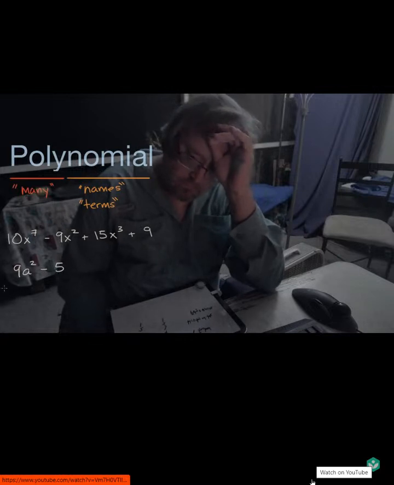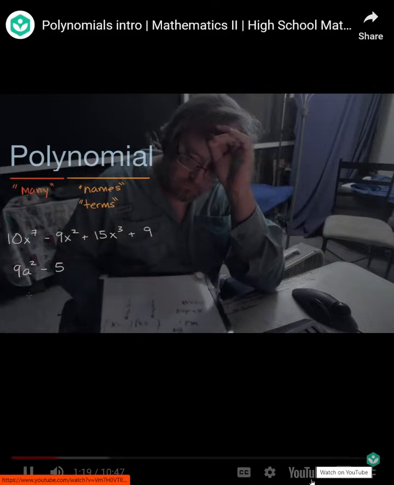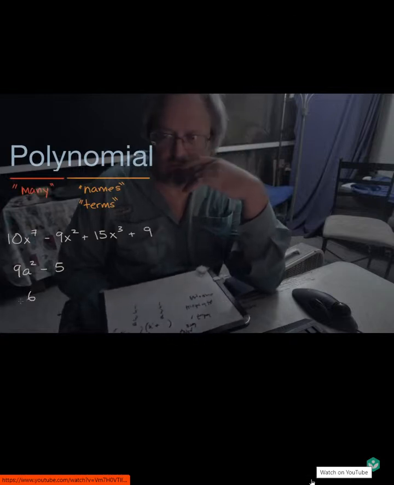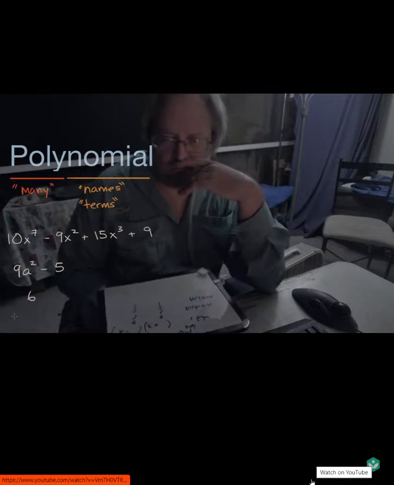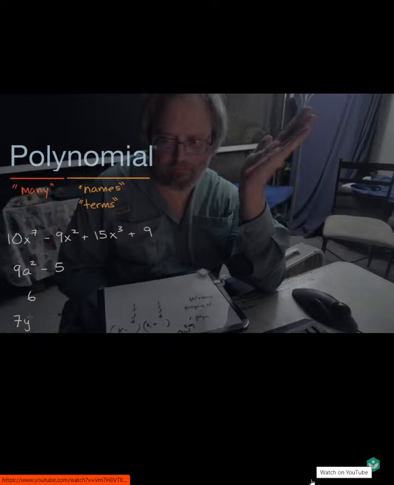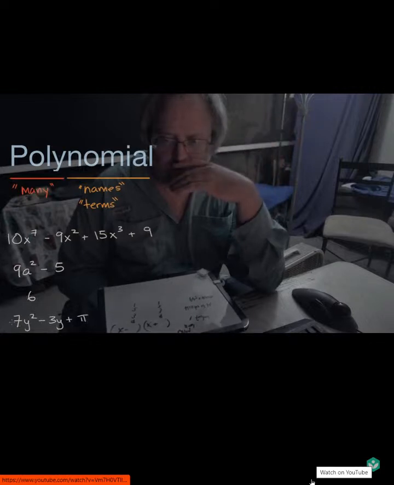Even if I just have one number, even if I were to just write the number 6, that can officially be considered a polynomial. If I were to write, let me do it in another variable, 7y squared minus 3y plus pi, that too would be a polynomial. So if these are examples of polynomials, what are examples of things that are not polynomials?